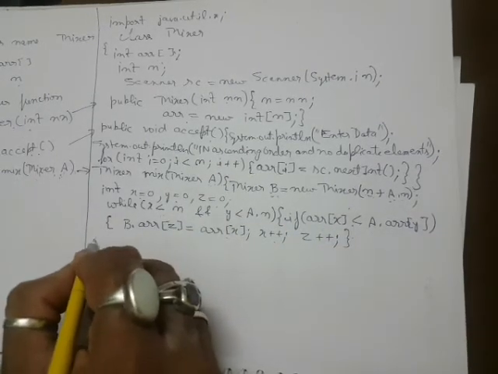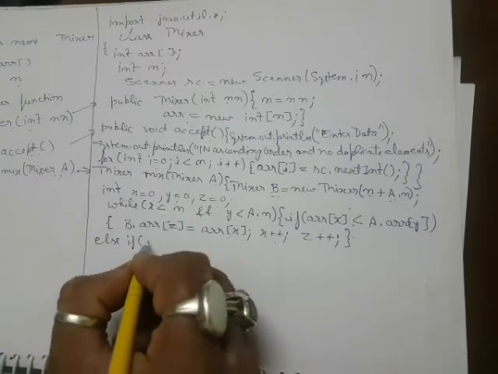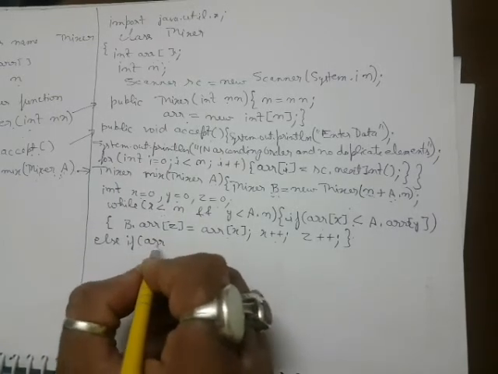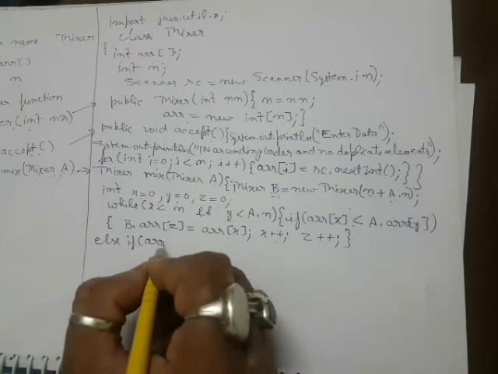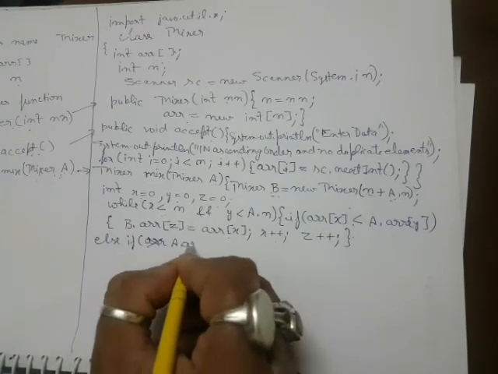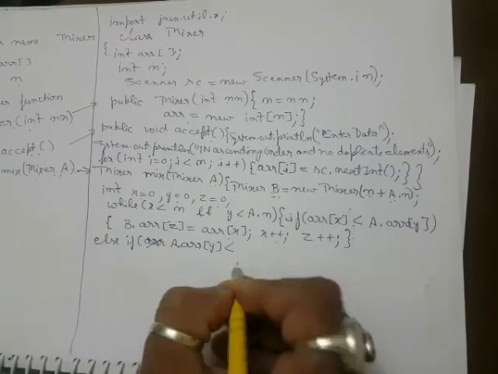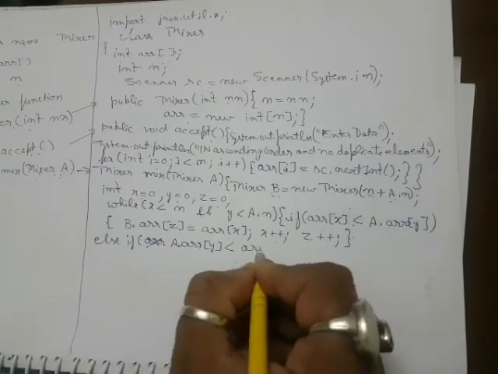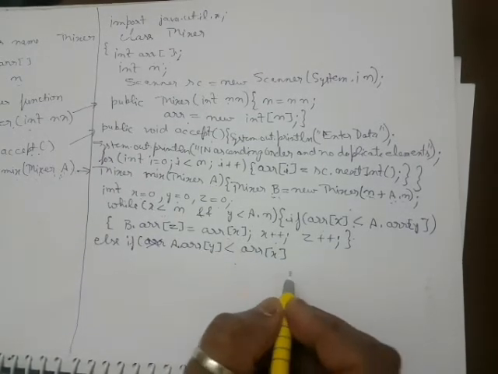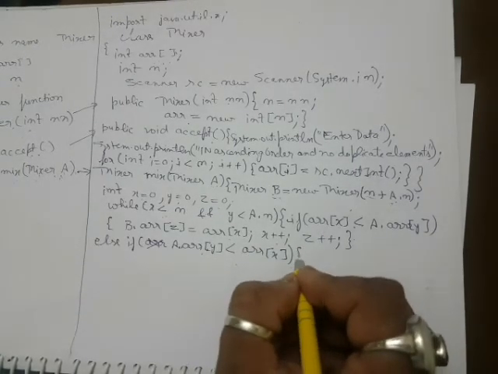Now we go for else if a.arr[y] is less than arr[x]. Alright. So if this is the one which is less, the second array's element is lesser, so we copy this one.